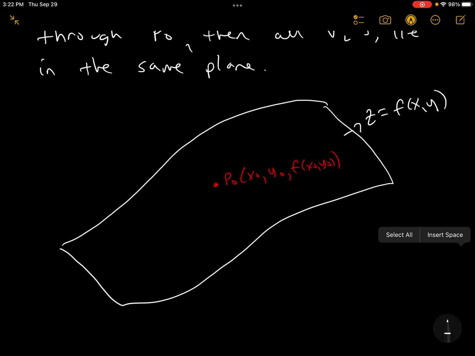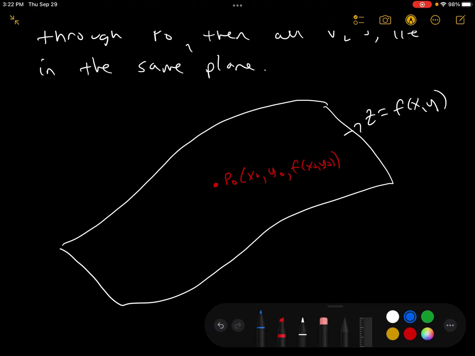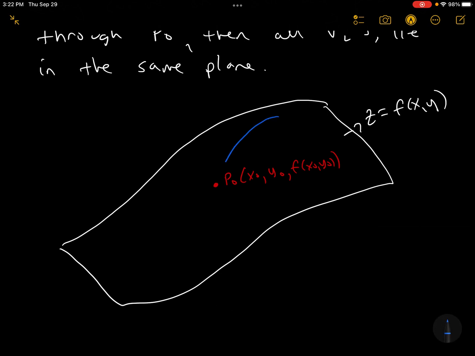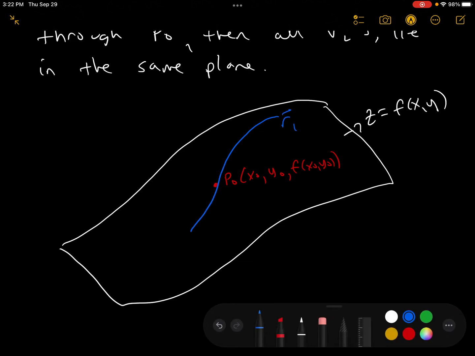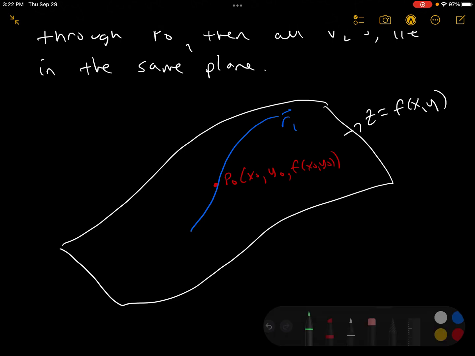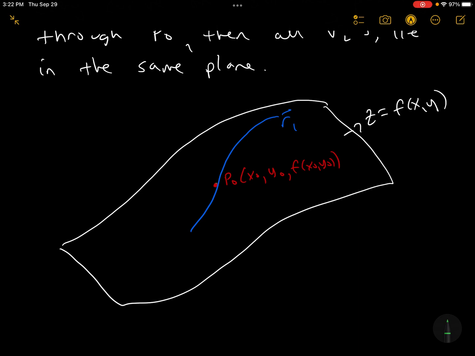If I take a curve through here, think of this as r1, I'm going to find the velocity vector, say, going like this.